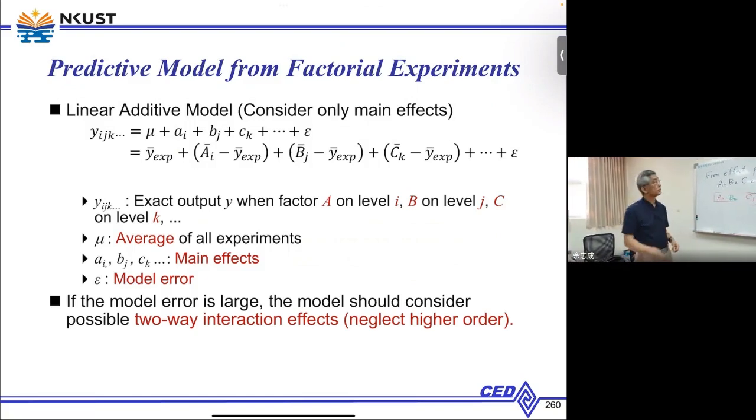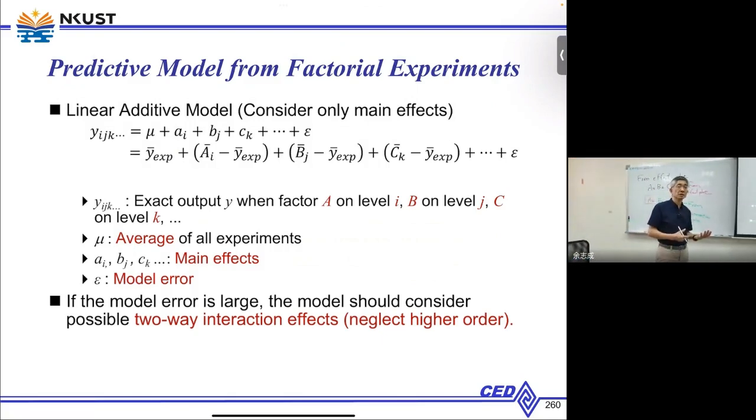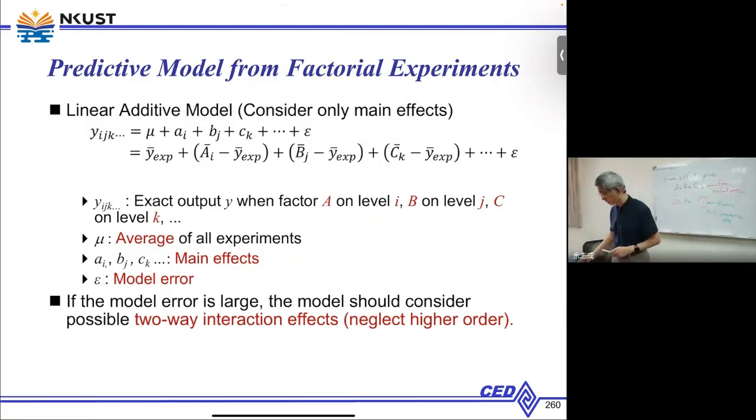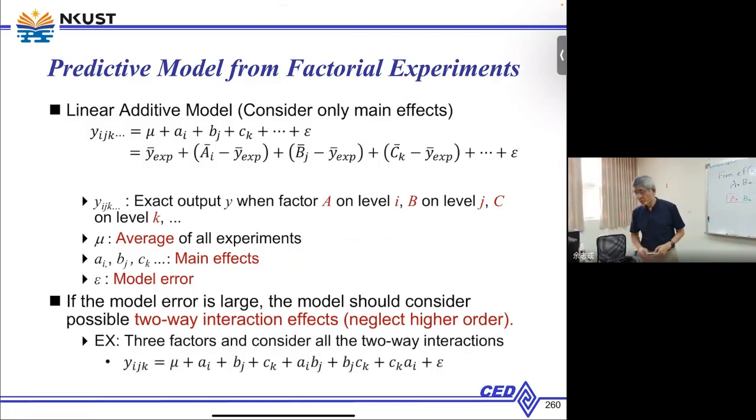Right? So from here, if your prediction is different from the actual result from the verification table, you'll know that there might be some possible interactions, which means that your model should be modified.